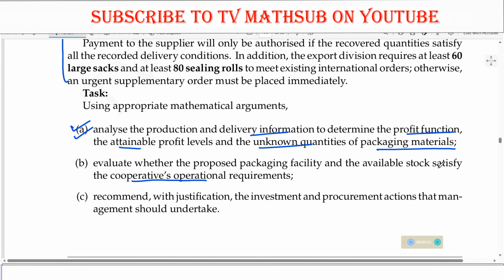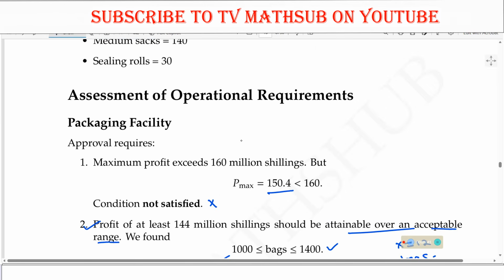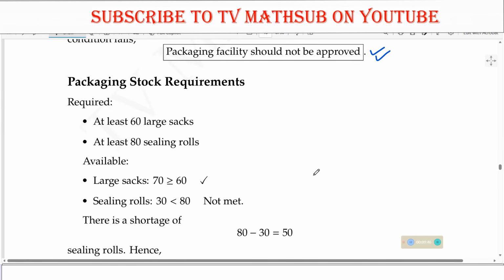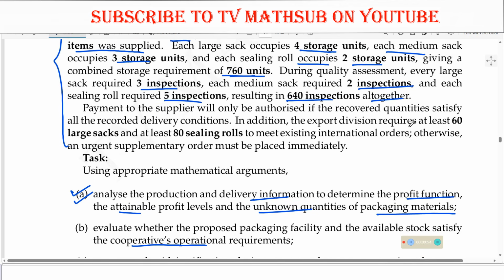Then we talk about the available stock, whether they satisfy the cooperative's operational requirements. So here we are basically looking at part B. Next we look at the packaging stock requirements. We are told to have at least 60 large sacks or at least 80 ceiling rolls.